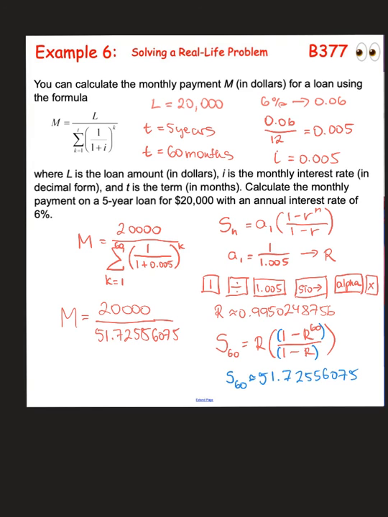To do this, you punch in the calculator 20,000 divided by, and then you press the second button and the minus symbol, which will pull up the answer of 51.72556075. And so your monthly payment rounded to the nearest hundredths place is going to be $386.66.